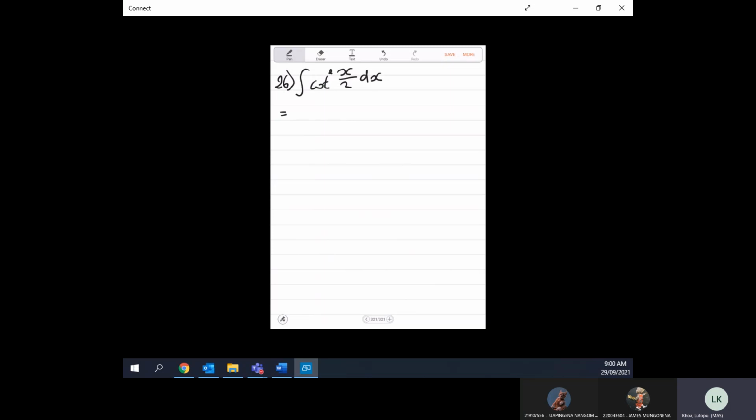So this is the integral of cosec squared x over 2 minus 1 dx. And the integral of cosec squared is minus cot, and then we have to divide by half, so it's minus 2 cot x over 2 minus x plus our constant of integration.